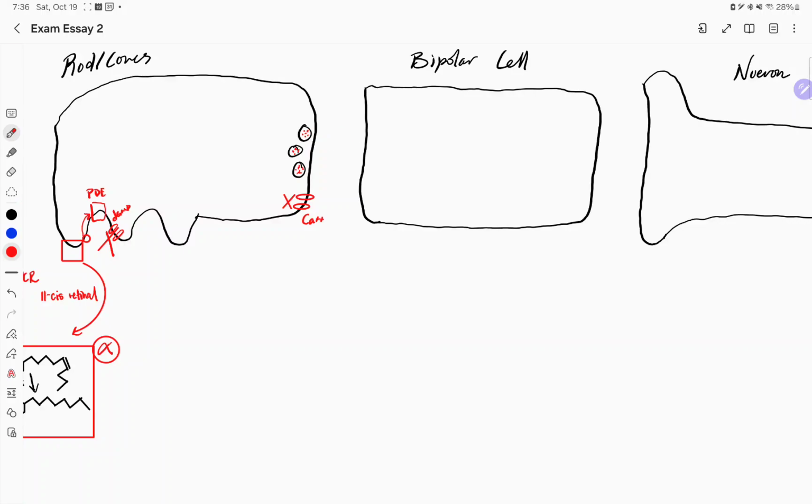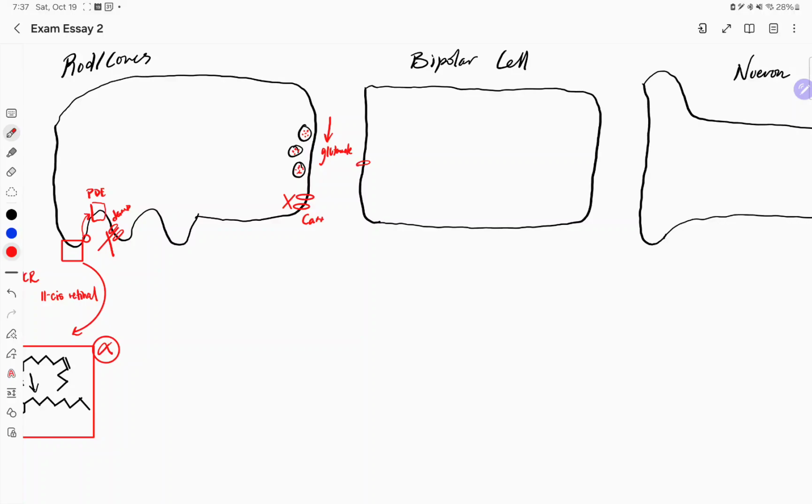So light therefore means little to no glutamate being released from the photoreceptors.